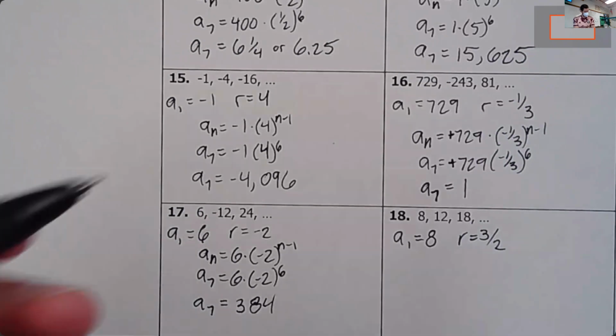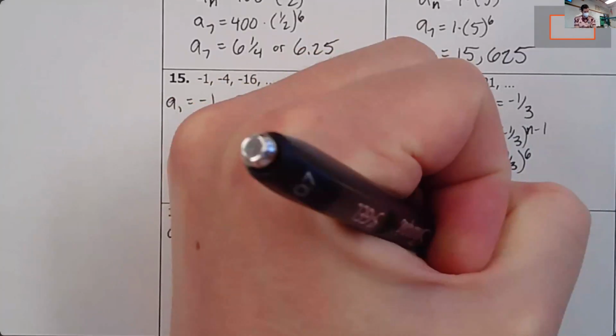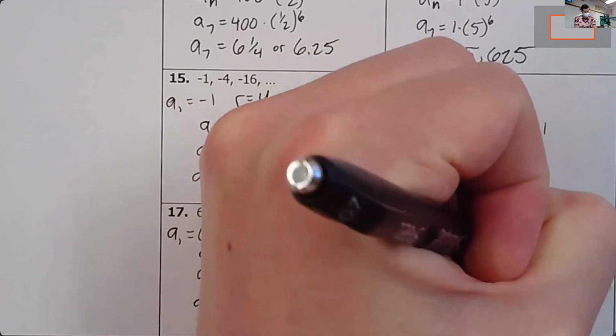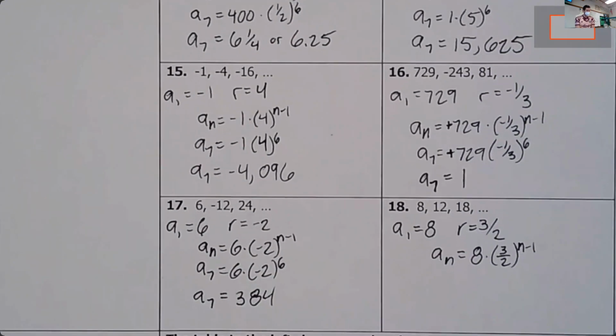And so we'll have our formula as a_n equals 8 times 3/2 to the n minus 1. And then go ahead and find the value. You can use a decimal for the final answer if you'd like.